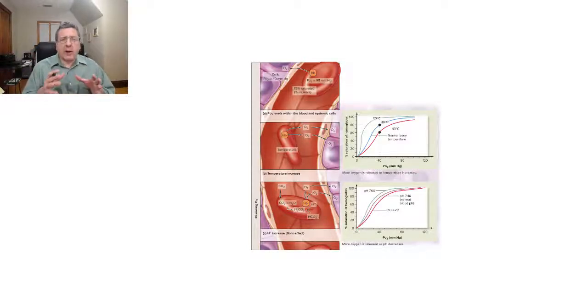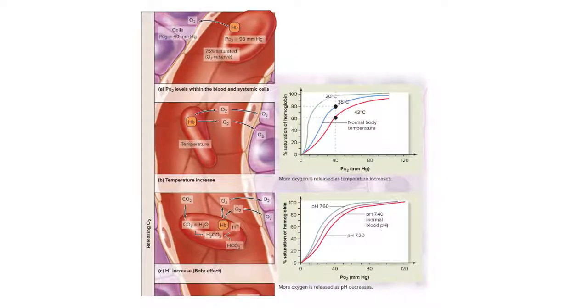So let's look at two other things here, which is how temperature and pH have an impact on that saturation curve. What we're looking at on this table right here, let's just look at this first. We want to look at this one here first, okay?